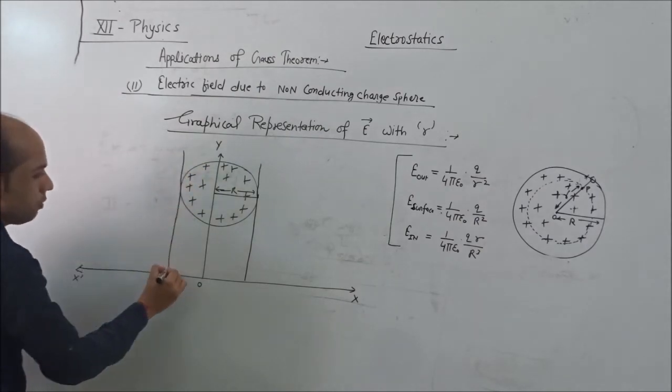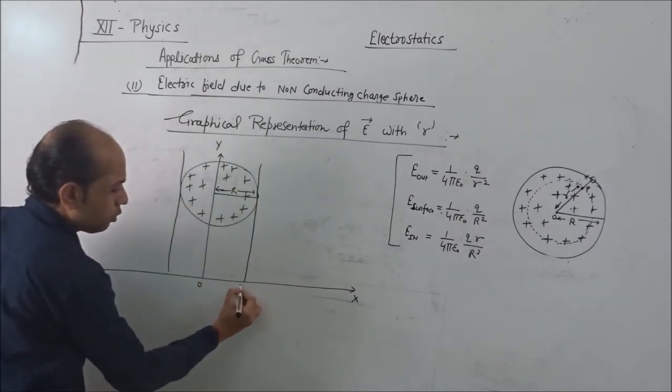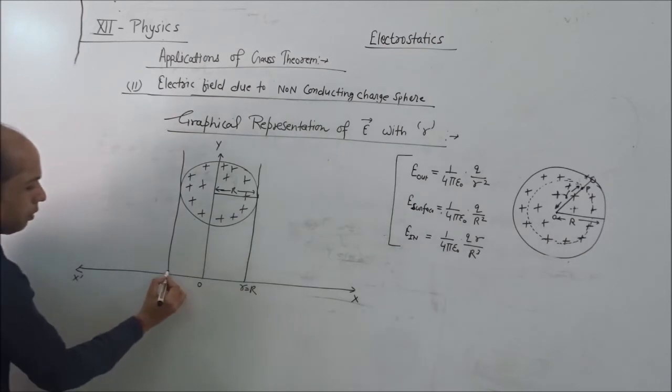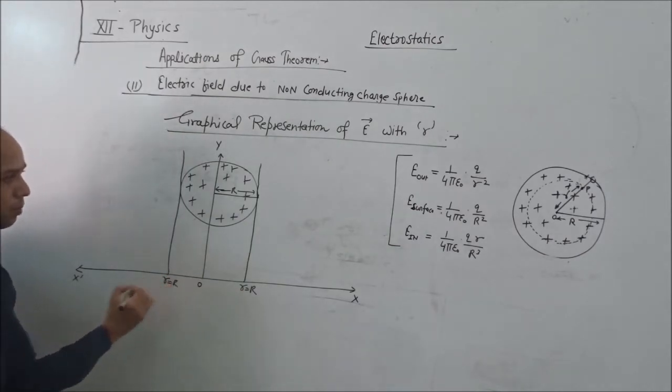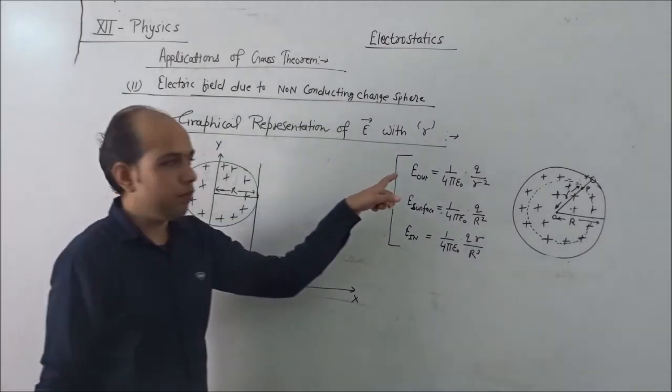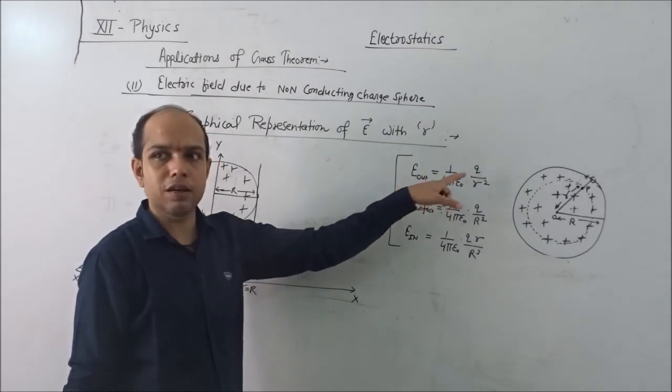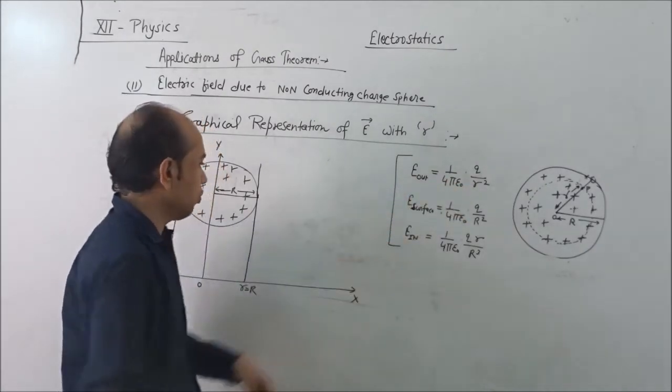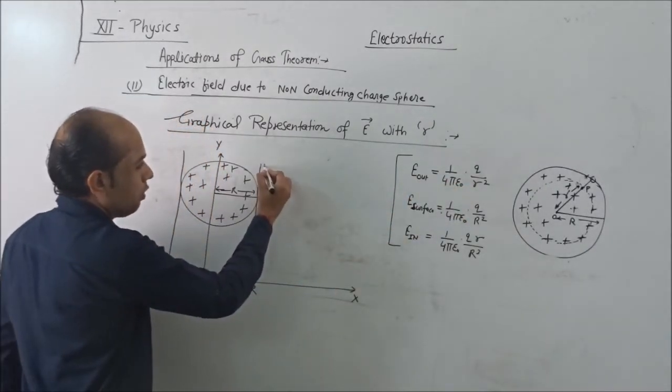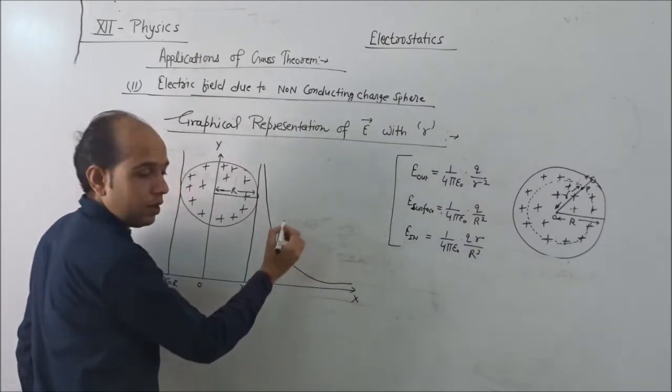This represents the surface, where small r is equal to capital R. Now we come to the first result. E outside is directly proportional to 1 upon r square, so the 1 upon r square variation goes this way.